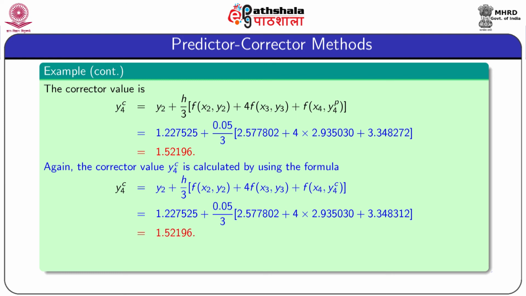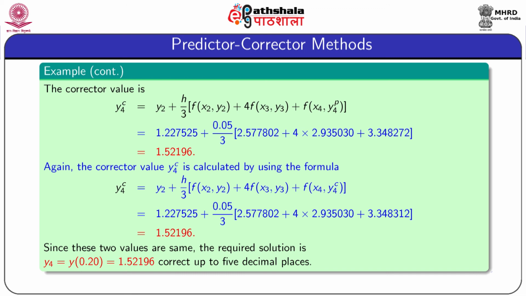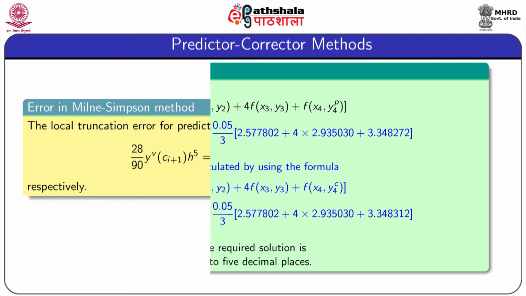After simplification this is equal to 1.52196. Note that the last two values are the same, therefore we conclude that the value of y4, that means the value of y at x = 0.20, is equal to 1.52196, correct up to 5 decimal places.